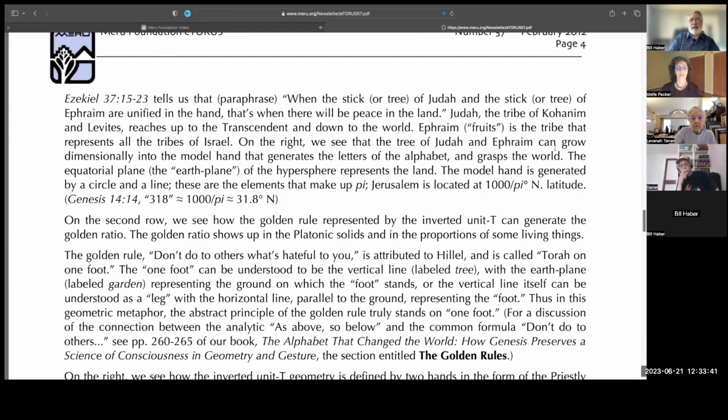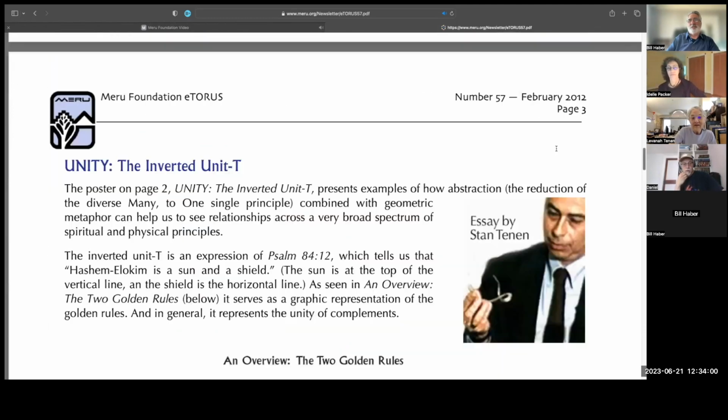The equatorial plane, the earth plane of the hypersphere, represents the land. The model hand is generated by a circle and a line. These are the elements that make up pi. Jerusalem is located at 1000/pi degrees north latitude, et cetera, et cetera. This is all part of the poster, by the way, folks, so you can read this for yourself.